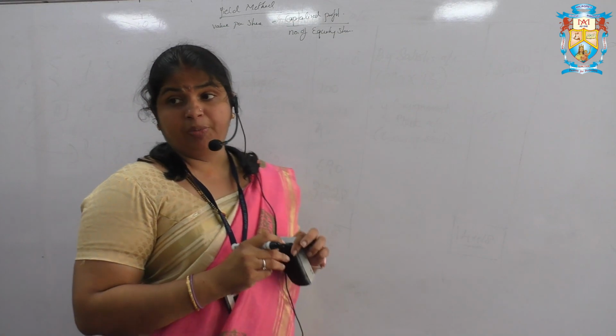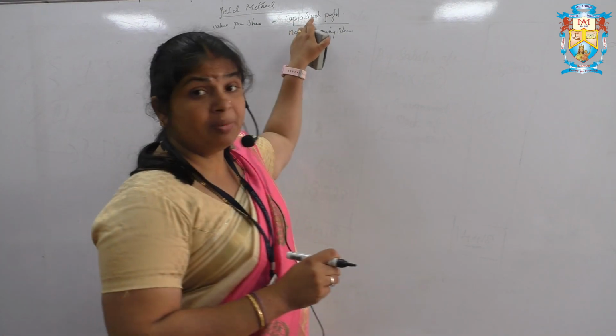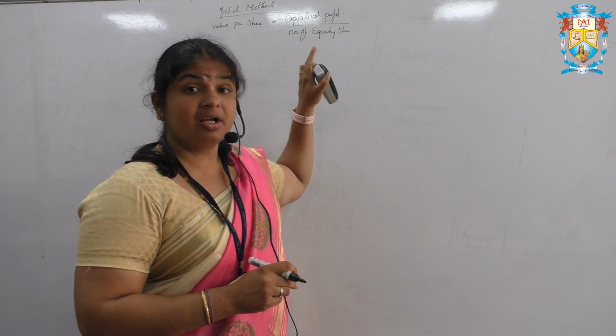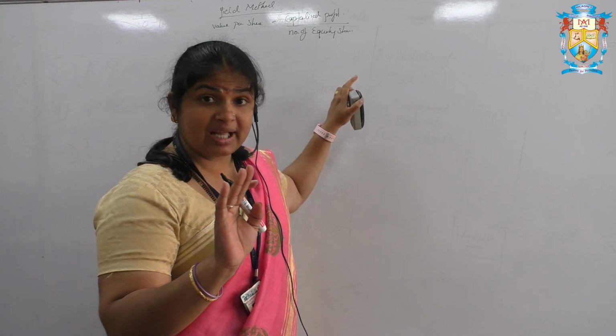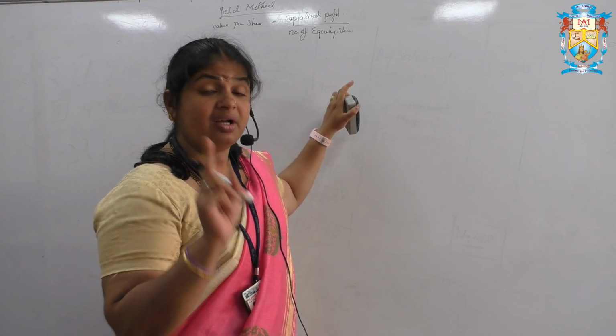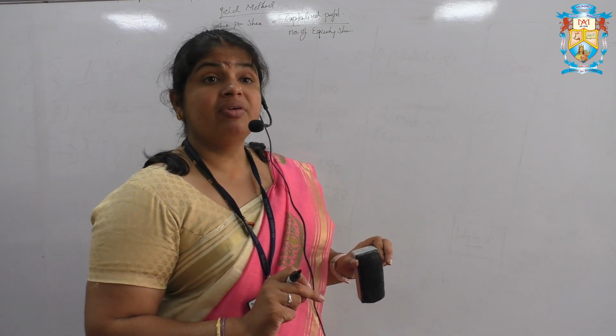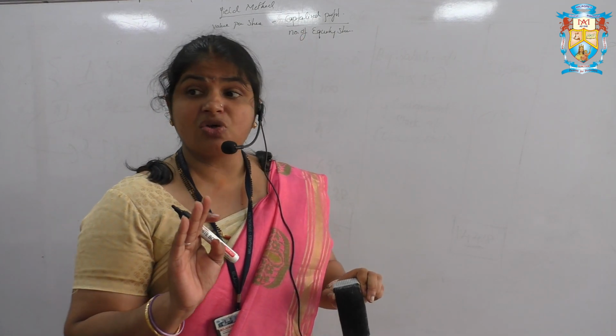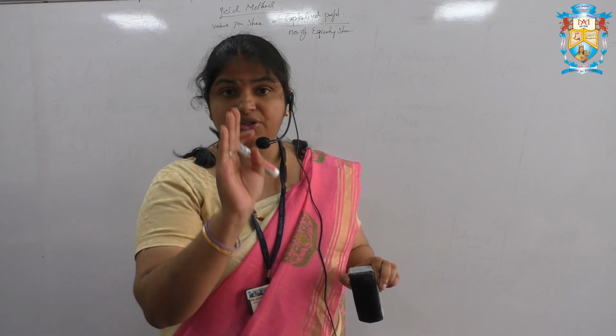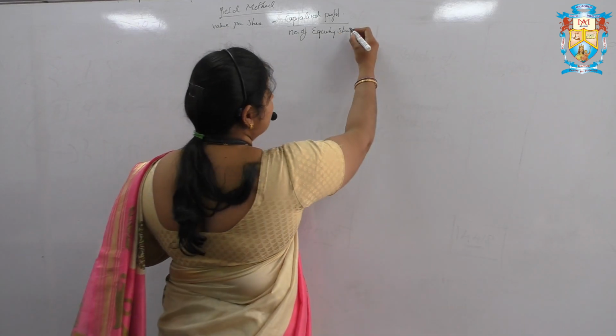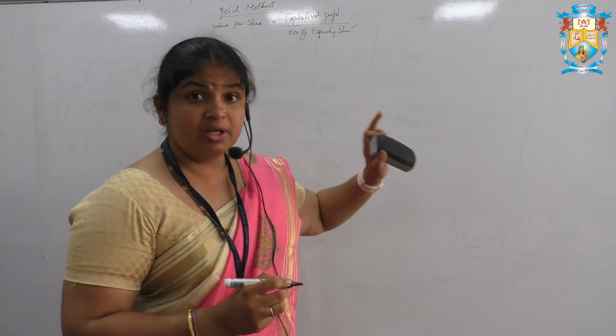Now just look into the problem. Here the numerator is capitalized profit. In the problem they did not specify the capitalized profit; they have specified the expected profit. Number of equity shares is already known, that is 50,000. So here the denominator is known but the numerator is not known.